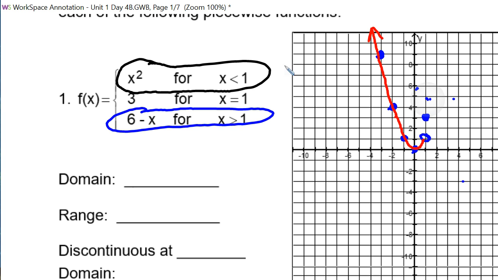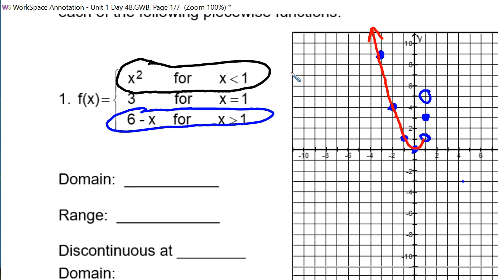So here's where I need to start. The boundary is at 1, so we need to put our point at 1, 5. Now I have to decide if it's going to be open or closed. It's not equal to, so it's going to be open. So at 1, 5, put an open circle, and continue with a slope of -1.